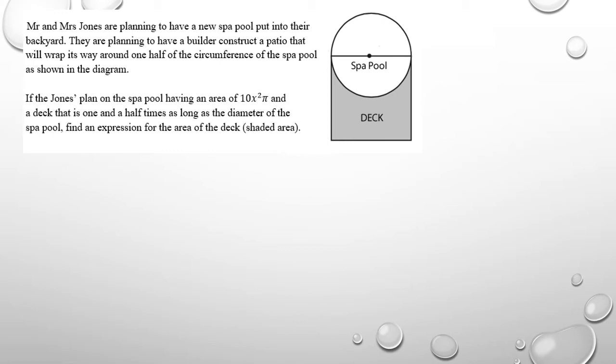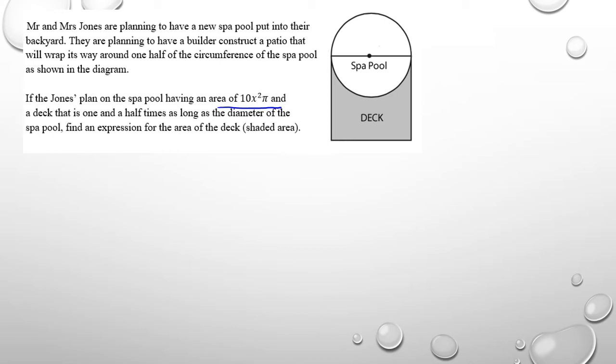Okay, so for this type of question we've got a circular sparkle, and we have also the deck in here. The question says that the sparkle has an area, so that's the area of the circular sparkle, and the deck is 1/2 times as long as the diameter of the sparkle.